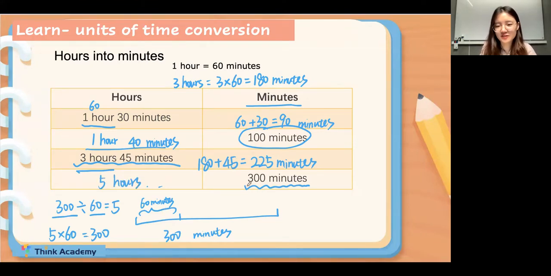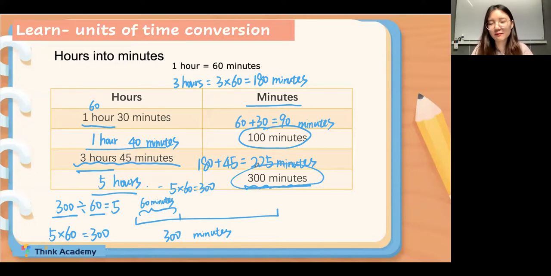Okay, for 300 minutes there will be 5 hours, and we can check because 5 times 60 will be 300, and we will have 300 minutes. Okay, does it make sense, everyone? It will be much easier for you to calculate after you learn the division.